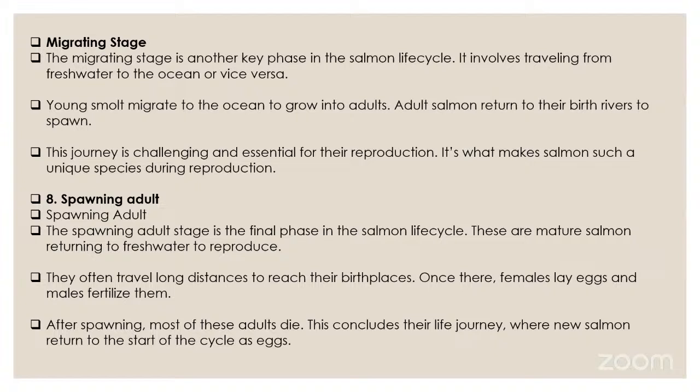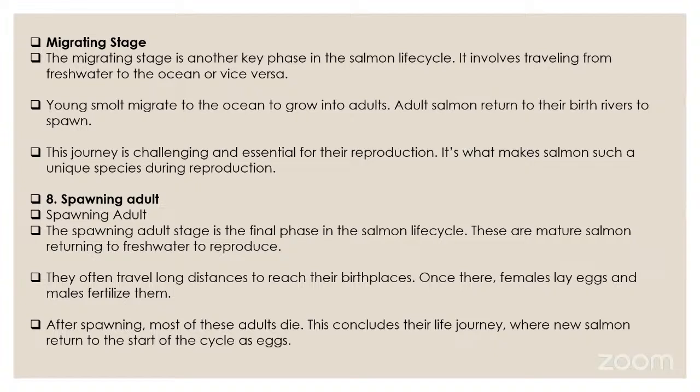Then the next is spawning adult. The spawning adult stage is the final phase in the salmon life cycle. These are matured salmon returning to fresh water to reproduce. They often travel long distances to reach their birthplaces.